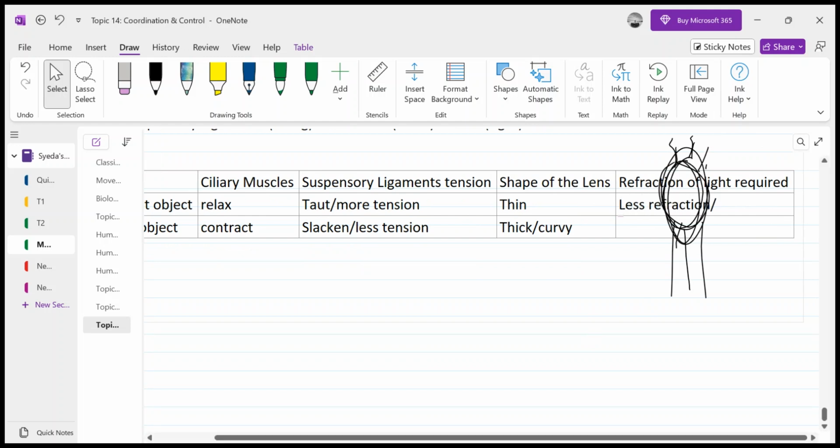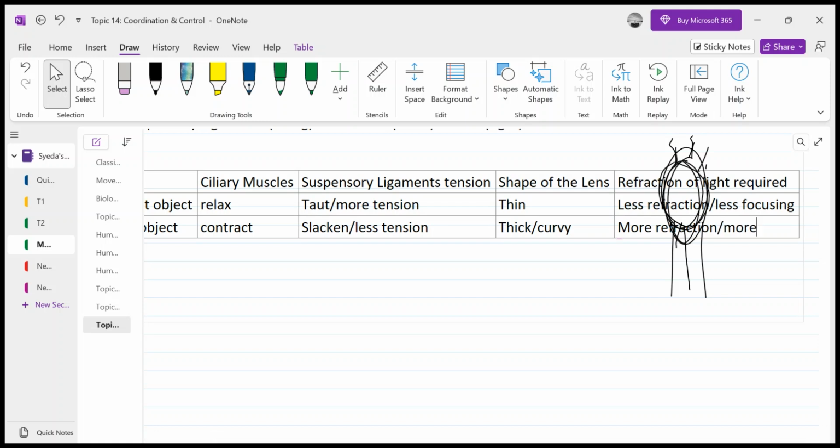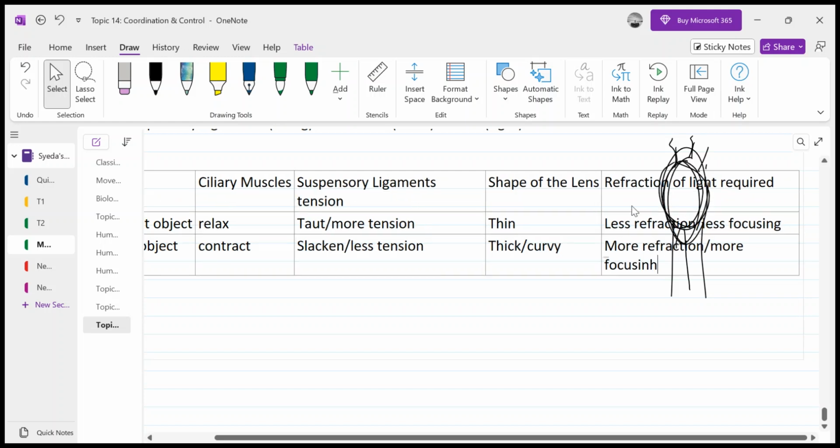Less refraction or less focusing. And for seeing a near object, we require more refraction, more bending of light, because the light is quite divergent. More refraction or more focusing, right?